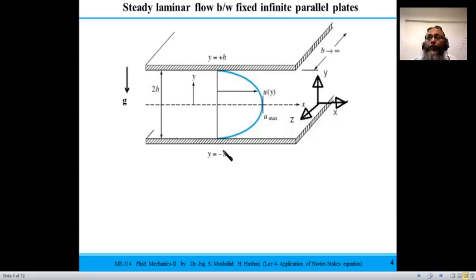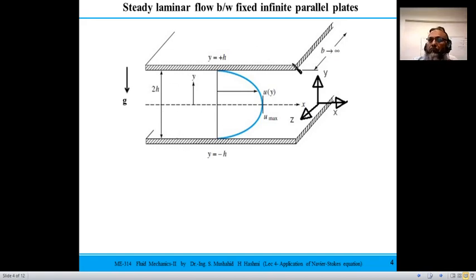In today's lecture, we will be solving these Navier-Stokes equations, and we have taken the simplest of problems, in which we have two fixed plates, and the distance between the plates is 2h.